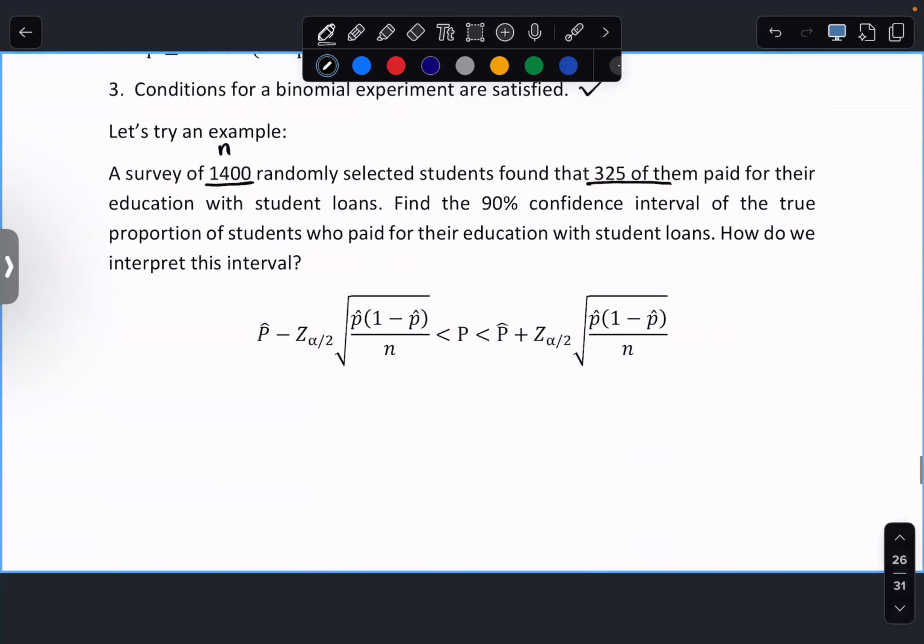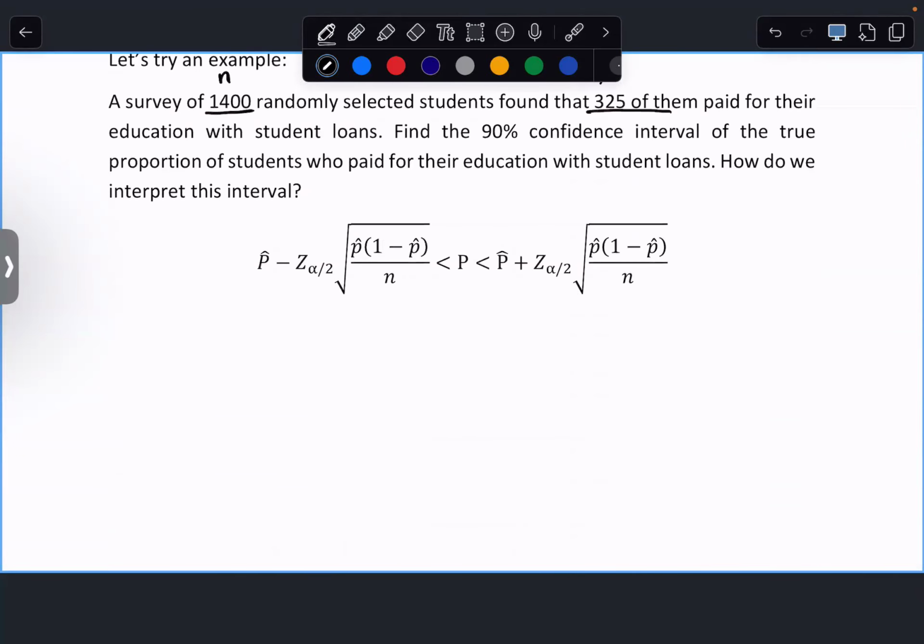X, great. And so with this, we can find our p hat. P hat is x divided by n. So we know x to be 325, which means our p hat is equal to 0.23.